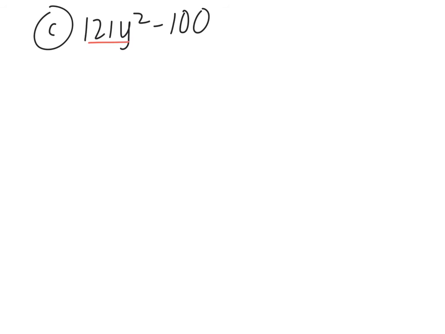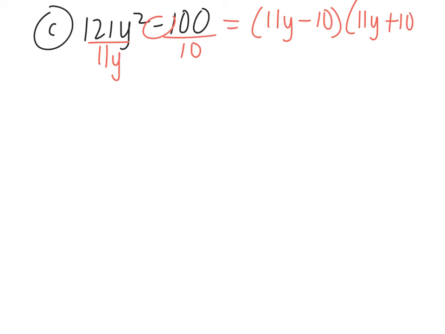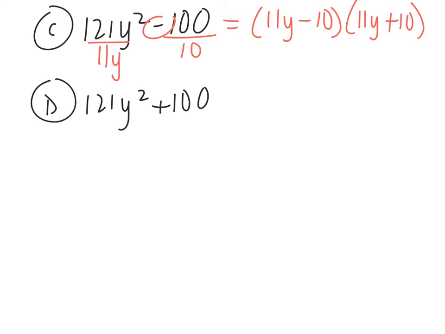So you see that I have two squares separated by a minus sign. This is going to be 11y squared. This is 10 squared, so in factored form it's 11y minus 10, 11y plus 10. Now, some of you may be wondering, what happens if I had the following, 121y squared plus 100? That's not factorable using real numbers.